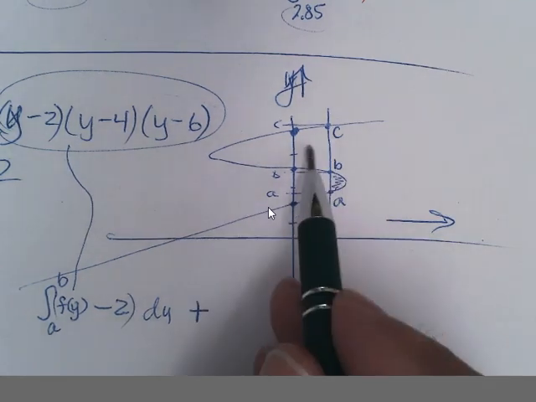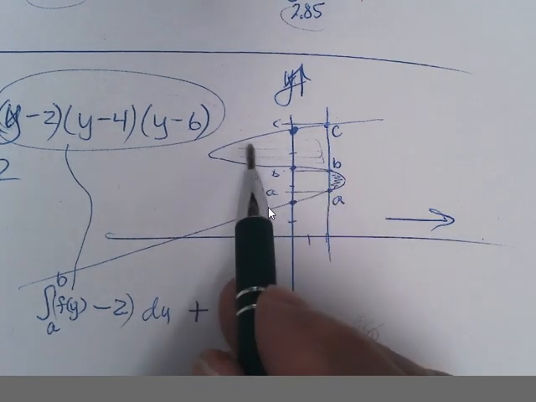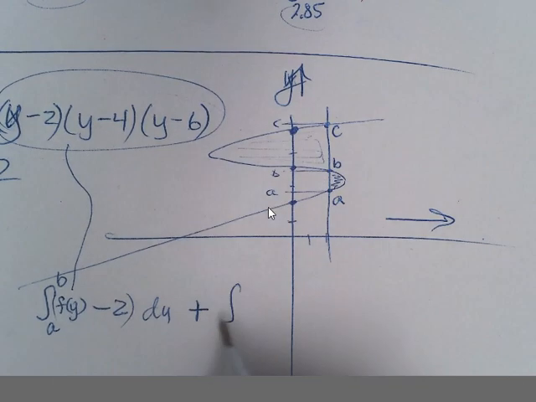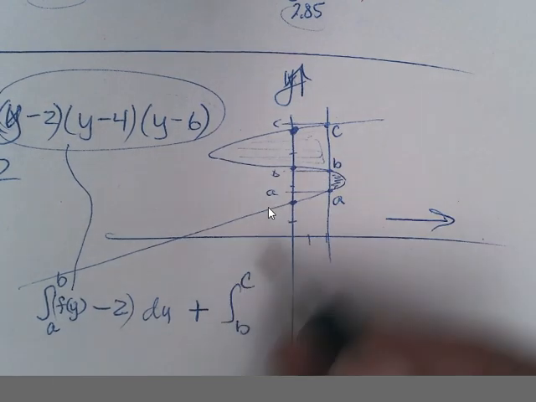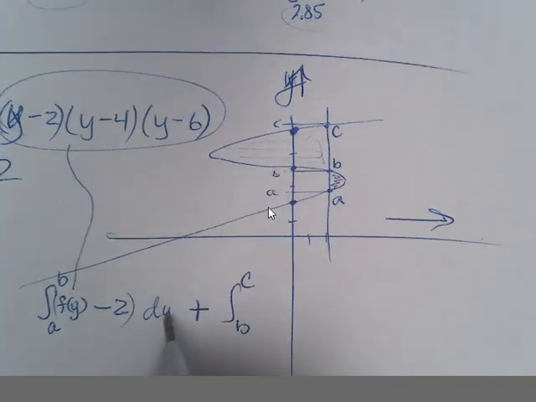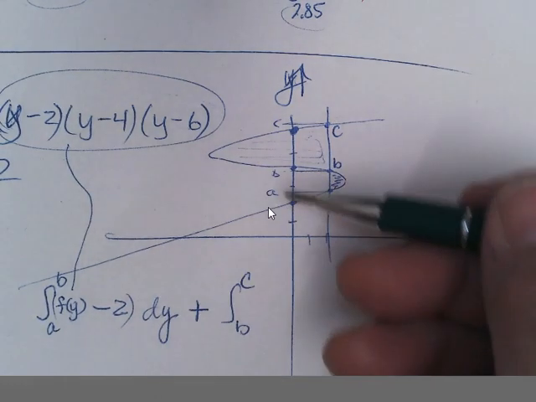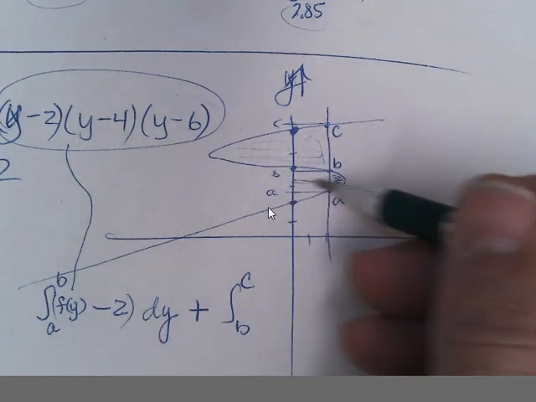plus then I would want to do this enclosed area, which would be the integral from B to C, and this is dy because I'm doing slices sideways horizontally.